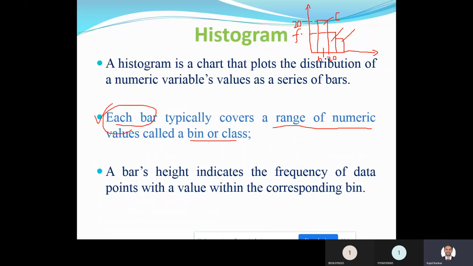This is the second bin, and that bin occurs 10 times. So bar height indicates the frequency of data, meaning how many times that event occurs during the process.